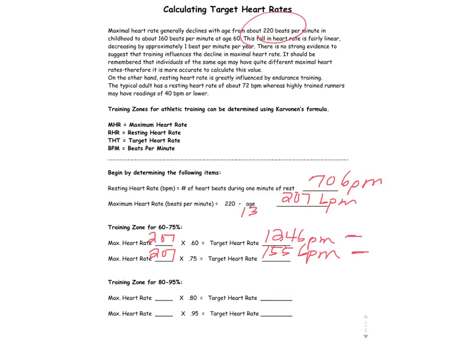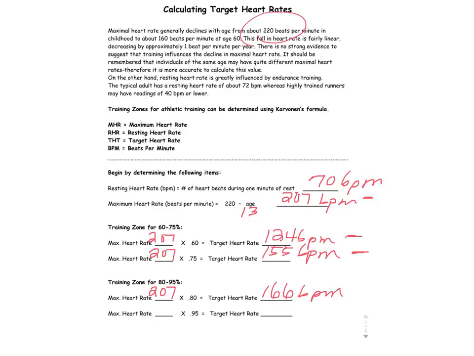Now, if I say we need to up that intensity and we're going to work harder at an 80 to 95% intensity level, you're going to do the same thing, where you substitute in this 207, which is our max heart rate up here at the top. Now we're going to multiply by the 80% intensity level. So 207 times 0.80 gives us 165.6, so we'll say 166 beats per minute.